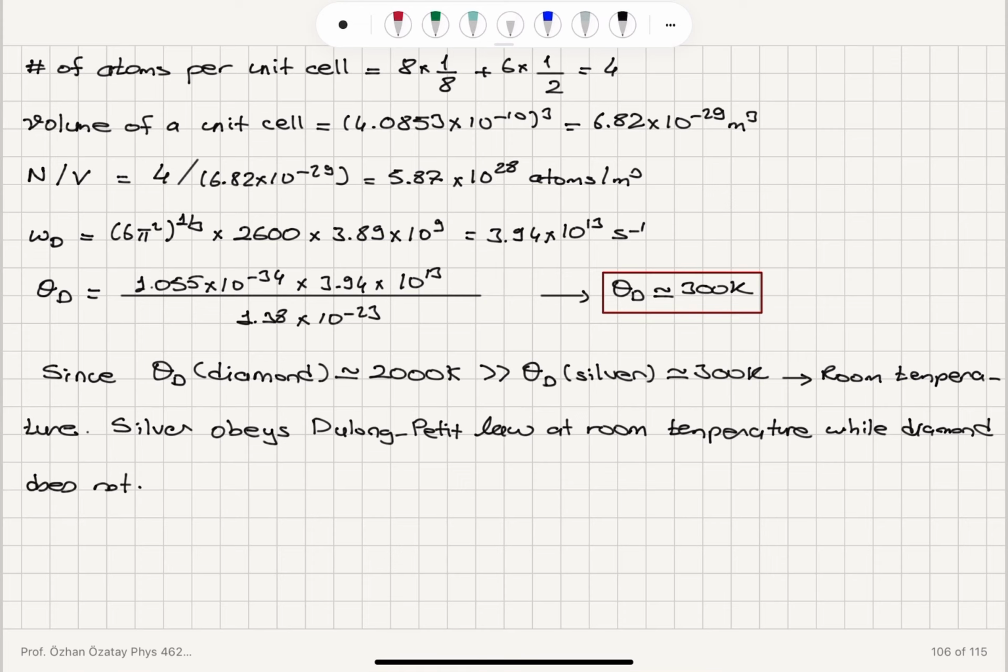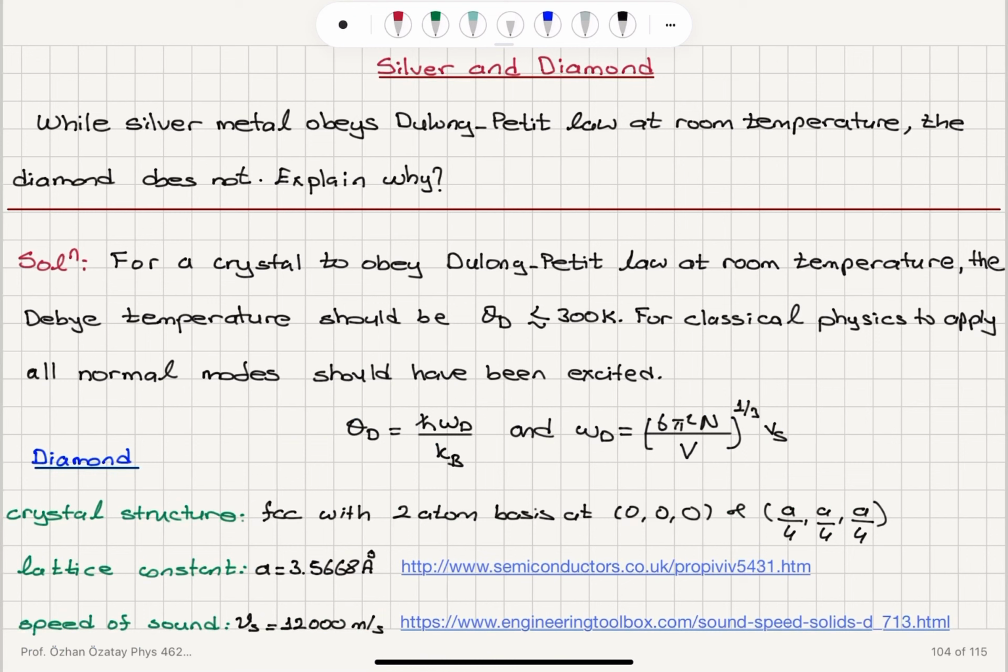Okay, so to summarize, we were asked to account for the fact that silver metal obeys the Dulong Petit law at room temperature while diamond does not. What is the reason behind this? So we can calculate the Debye temperature, h bar omega Debye over kB, with Debye angular frequency (6 pi squared N over V) to the power 1/3 times the speed of sound.